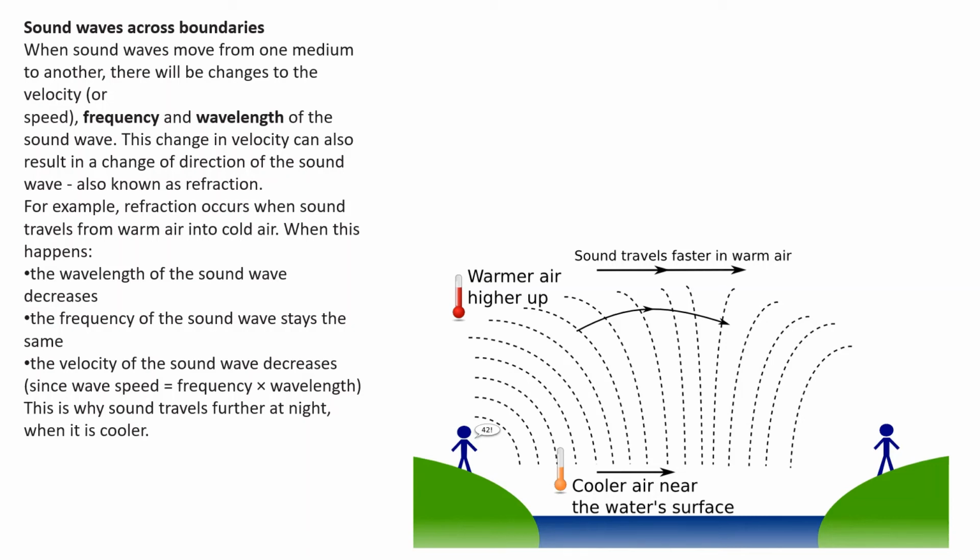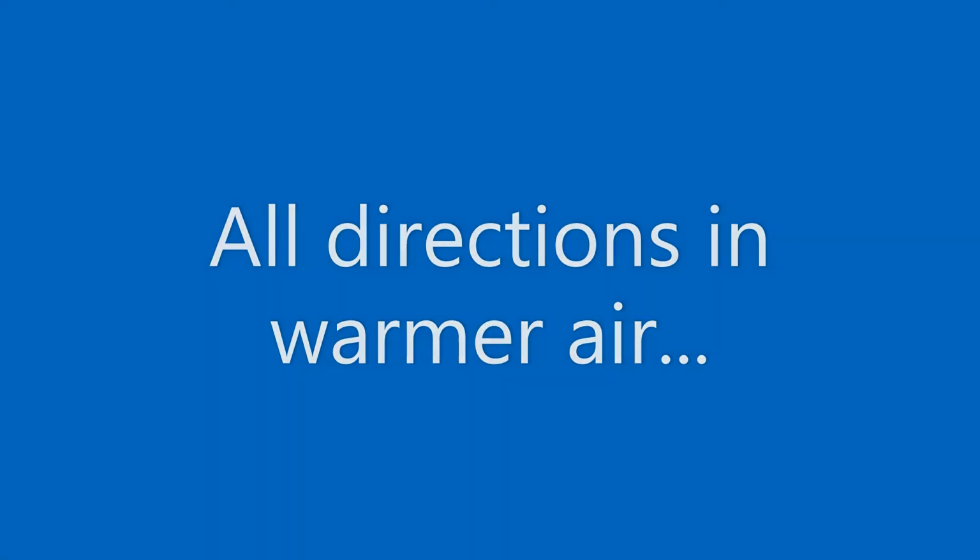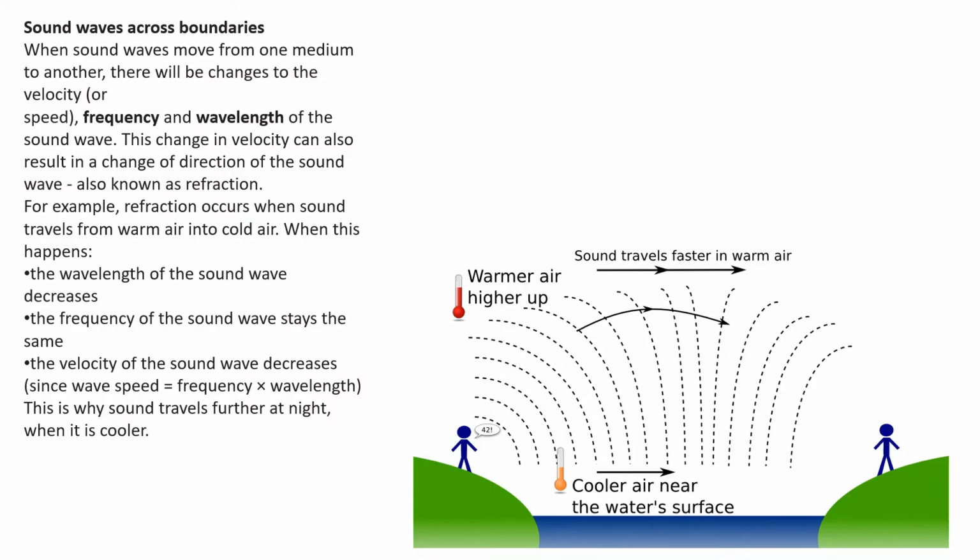Warmer air is more random, so sound will go in all directions. For cooler air, because it is more dense and because sound is longitudinal, the sound waves are more likely to be focused, and therefore it travels further at night. I've given you the ideas. You should be able to explain why sound travels further at night.